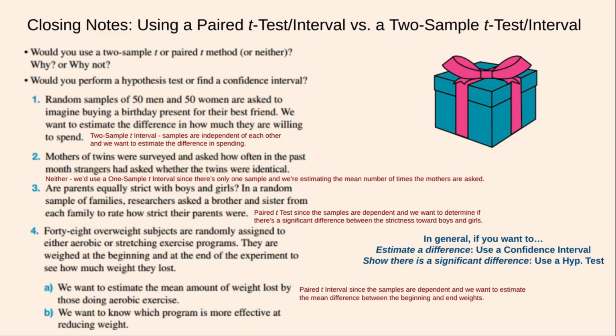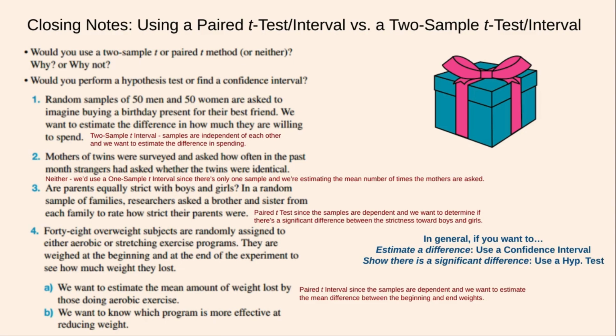There's a beginning and an end calculation for each individual participating in this aerobic exercise. All right? It's one sample, but there's before and after values. So we need to use a paired T interval because we're trying to estimate the mean difference, okay? The mean amount of weight lost. So that's a great instance in which we would use a paired T interval.